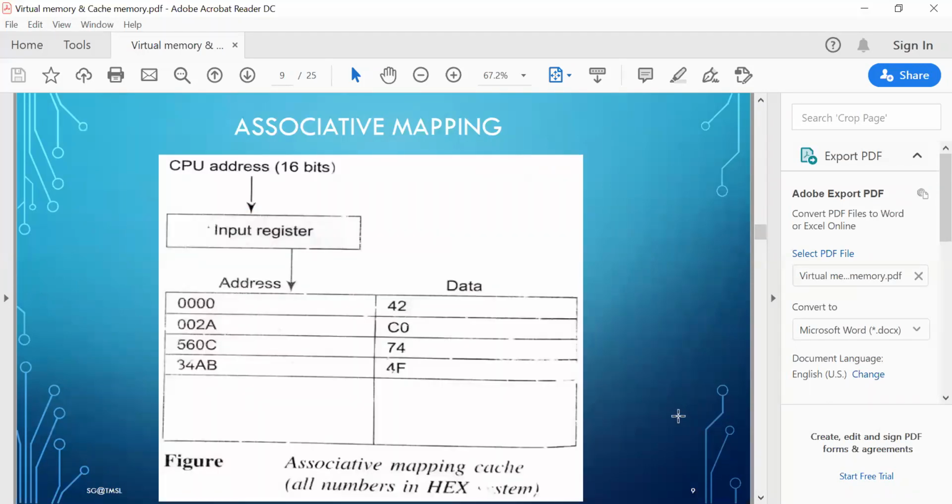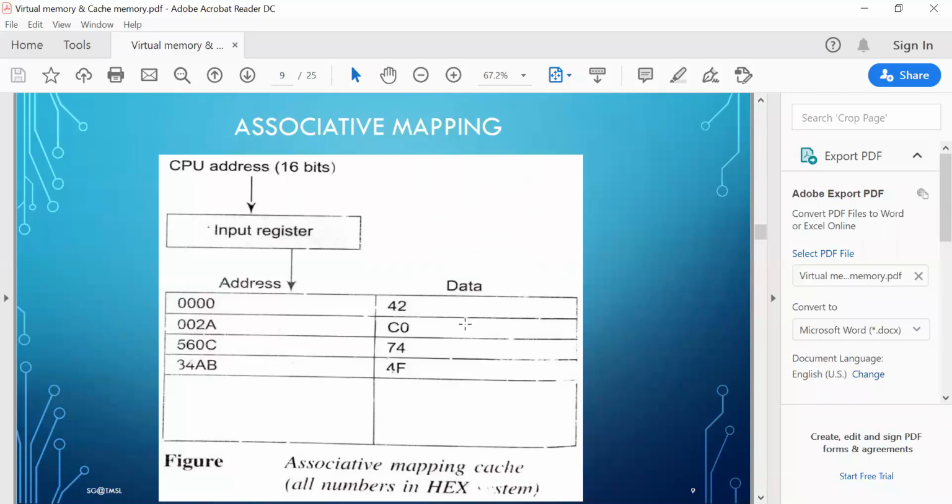In associative cache memory, it uses the fastest and most flexible mapping method, in which both address and data of the memory word are stored. This organization is sometimes referred to as a fully associative cache.